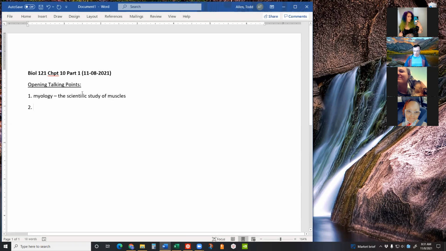If we think about what muscle tissue tries to accomplish, there are many things that it does, but there's one really big important idea about its function.